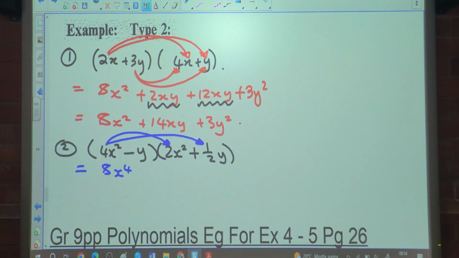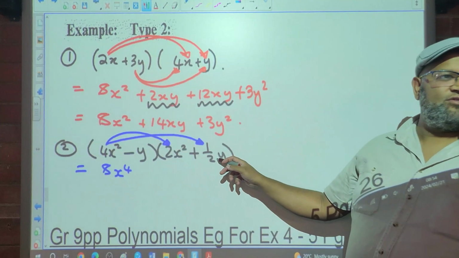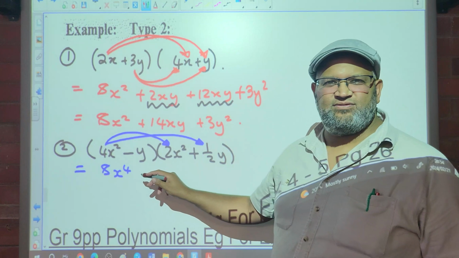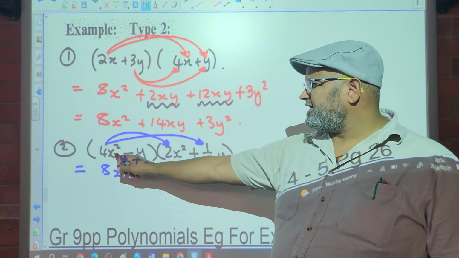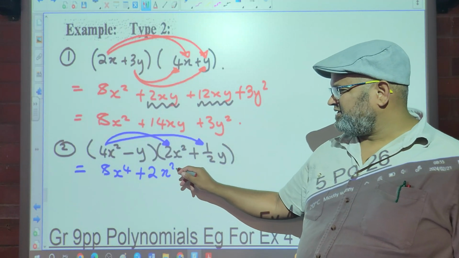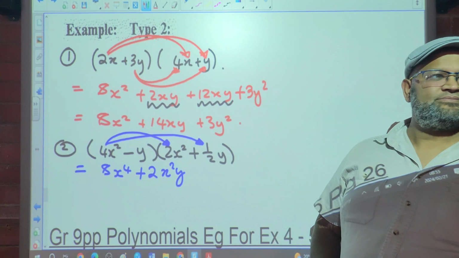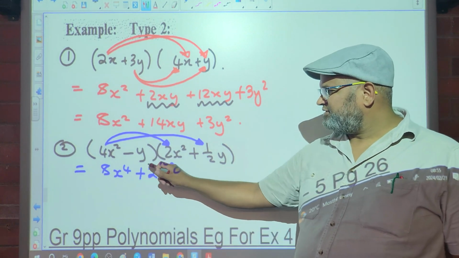4x squared multiplied by a half y. What's 4 multiplied by a half? 2. Positive or negative? Positive. 2. x squared multiplied by y. x squared y. Okay. What's positive times negative?